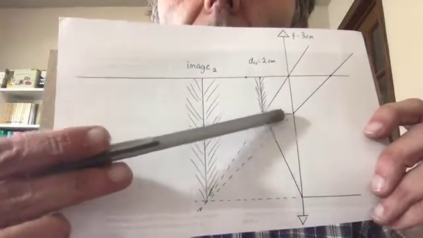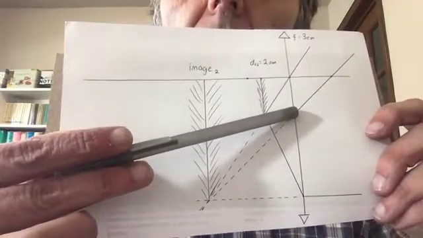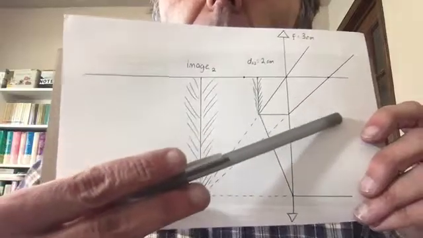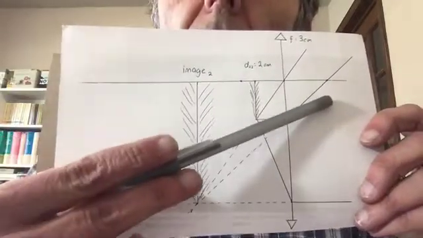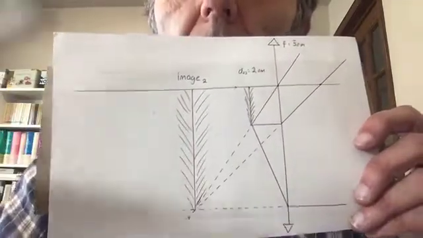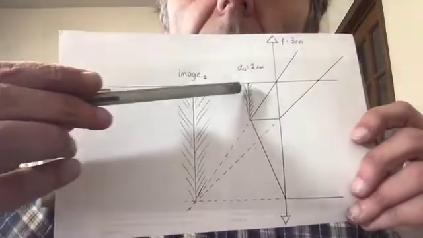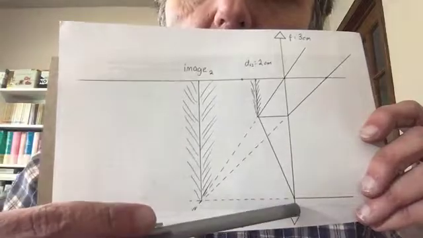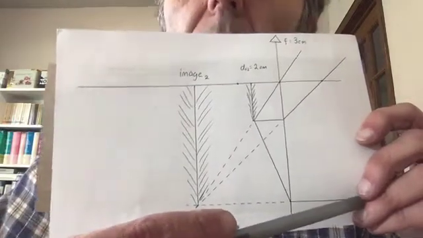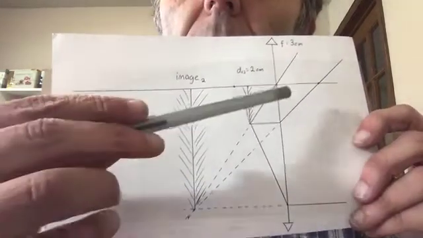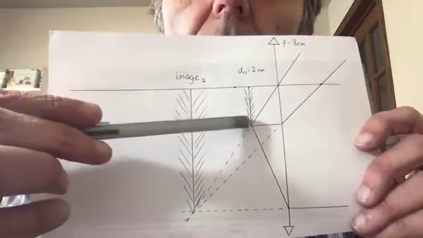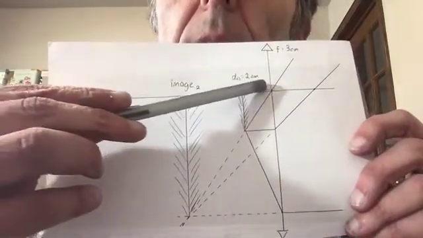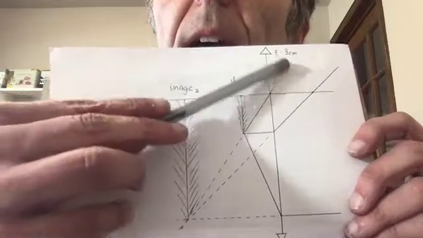We have 1 ray coming in parallel, and then it goes through the focal point over on this side and out. Then we have another ray that looks like it's coming from this focal point, comes down and hits this lens, and it goes out parallel. And the third ray is the ray that goes through the lens at the center, undeflected, and on up.